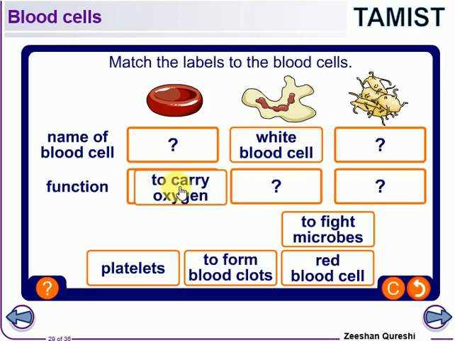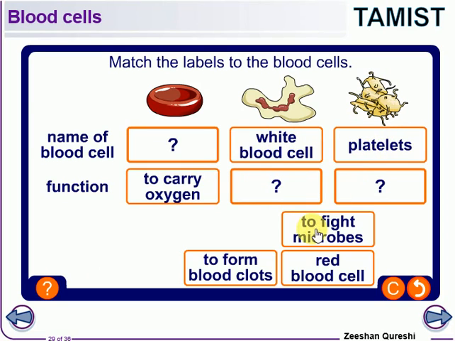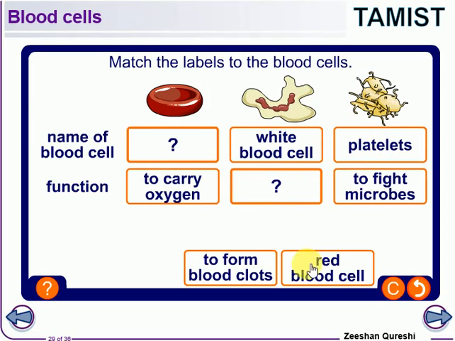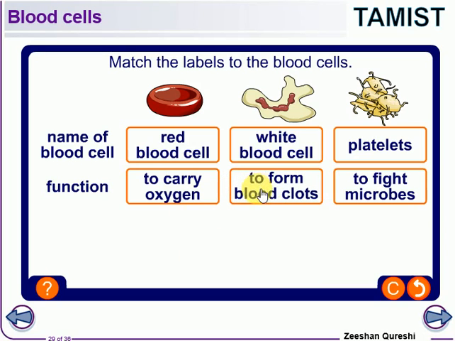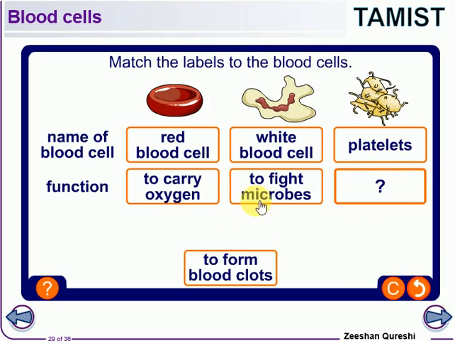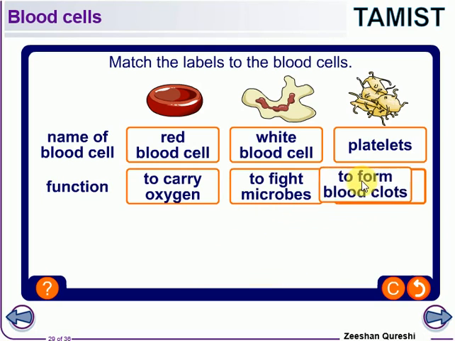To carry oxygen is a function of the RBCs. Platelets to fight against microorganisms. RBCs to form blood clots. No. To fight against microorganisms is the function of the WBCs, and to form blood clots is a function of the platelets.